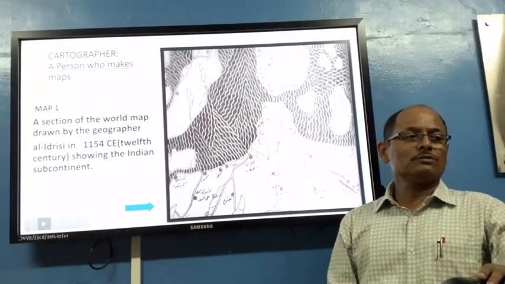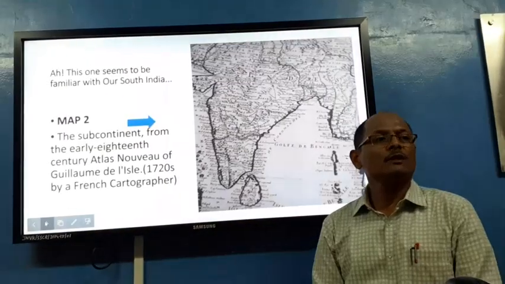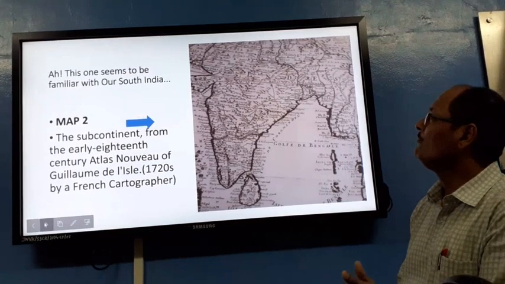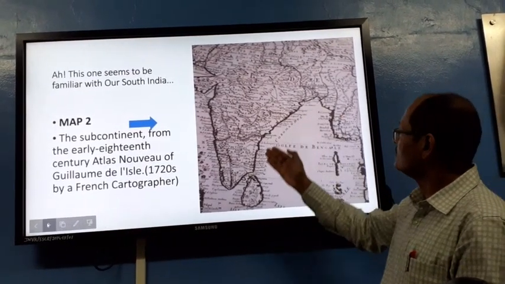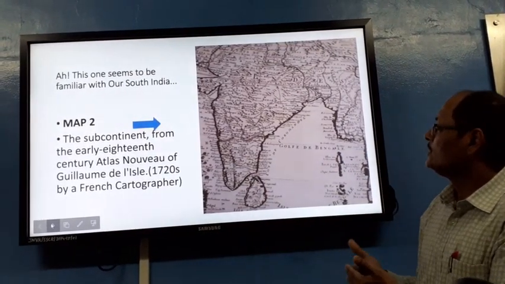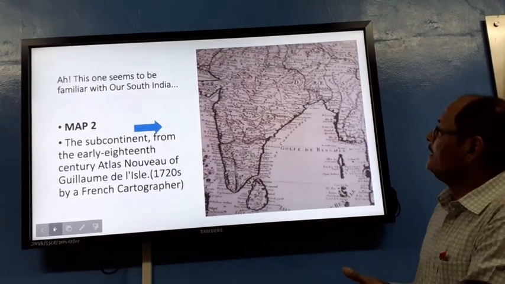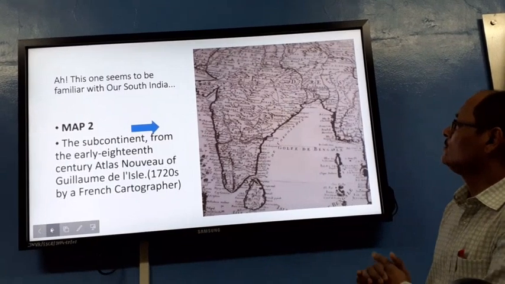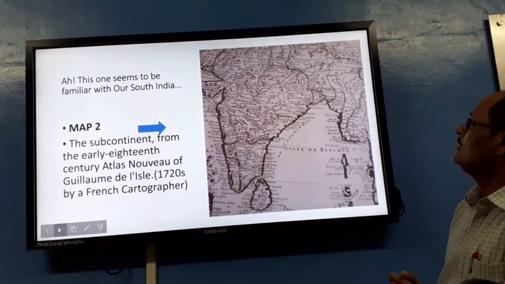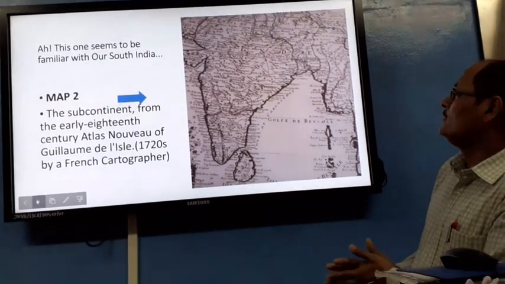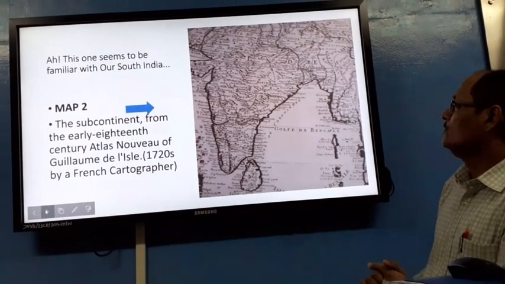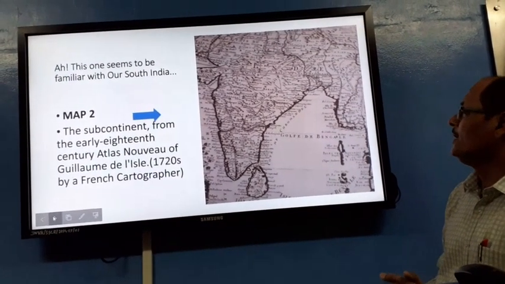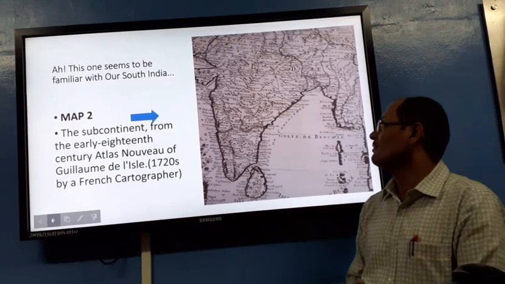We will move to the second map. This seems to be familiar, at least with South India. This was drawn 600 years later. Again, this is also of the subcontinent, from an early 18th century atlas. So this was drawn in 1720 by a French cartographer.